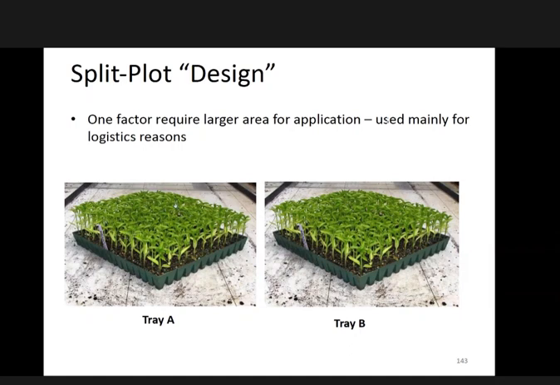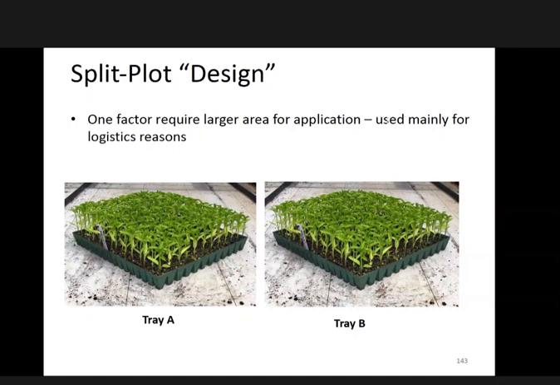Yeah, I don't think it's easy. It's hard. The best option would be giving all the lines the same fertilizer, then maybe you vary other factors. But since they're on the same tray, it's a little bit hard.